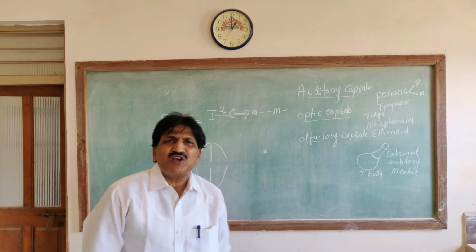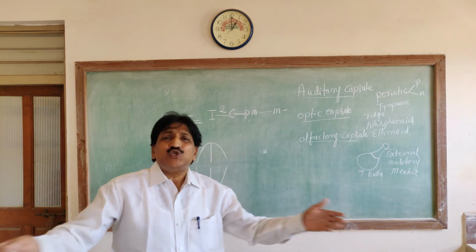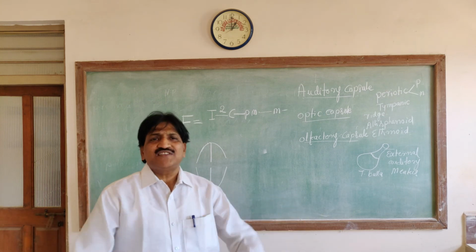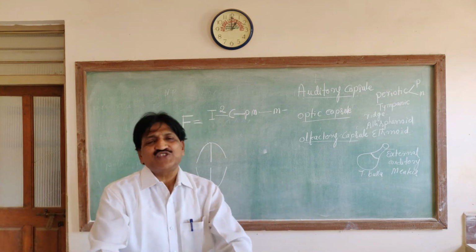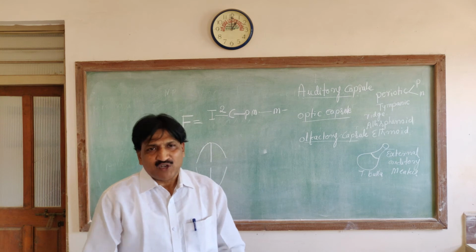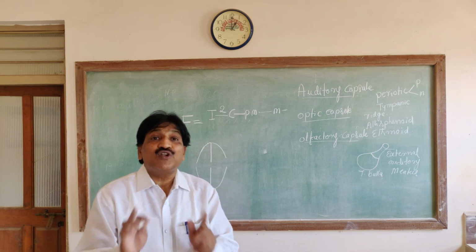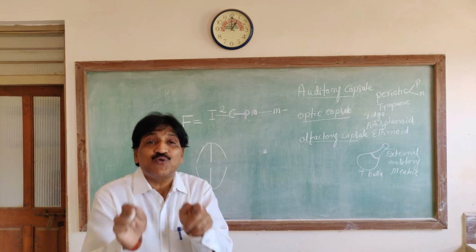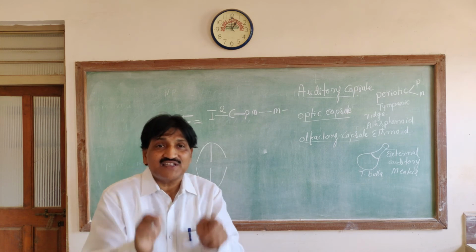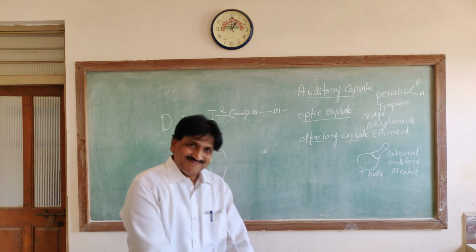Two more questions: what is the diastema? It is a toothless space that is present in mammals, particularly in the rabbit. That is also one of the important characters for the mammals.